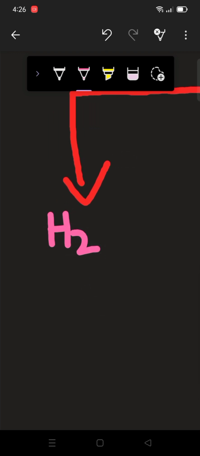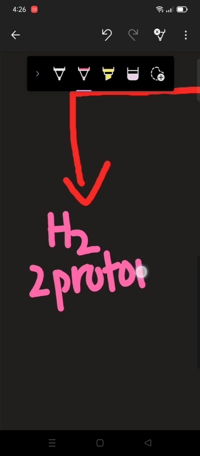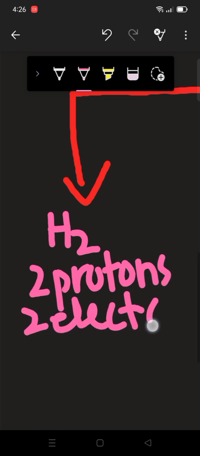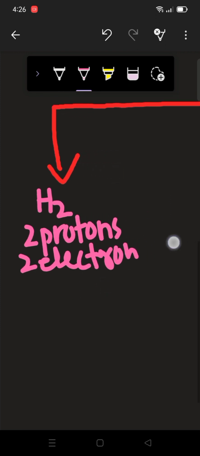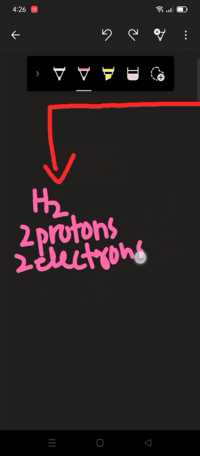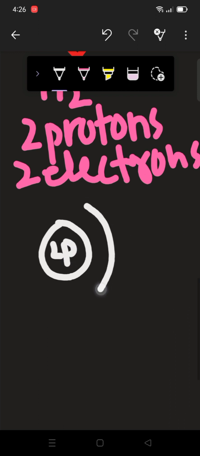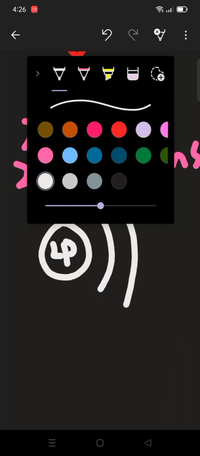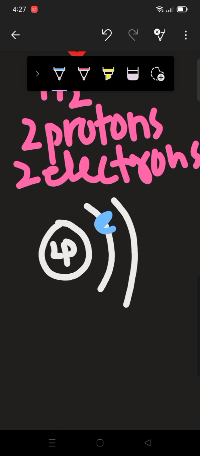Alright, basically there are two atoms of hydrogen, which means it will have two protons as well as two electrons. Making the structure here, we have the central part, which is the nucleus, in which two protons are present, and we have these shells in which electrons are present.